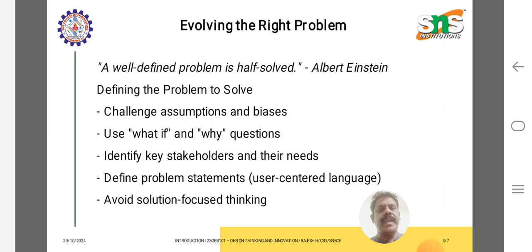One of the aspects is to identify the challenging assumptions and biases, and construct a questioning approach of what if or why, to know the problem's effect and status, and also to identify the key stakeholders who have connections with the problem, and also to create the solutions for the problem and their needs. So also the developer has to define the problem statement with a user-centric approach by avoiding solution-focused thinking.